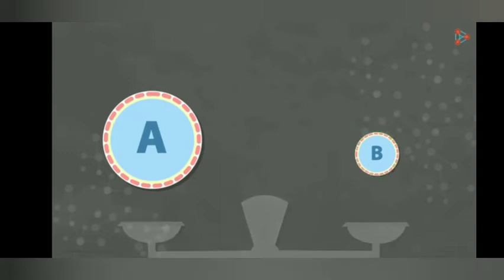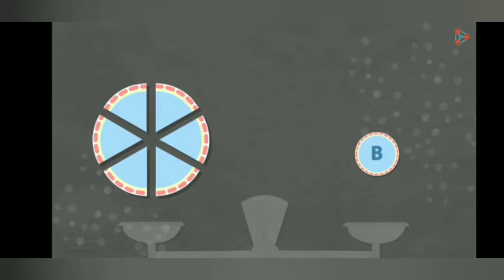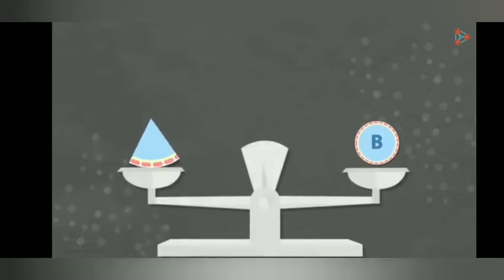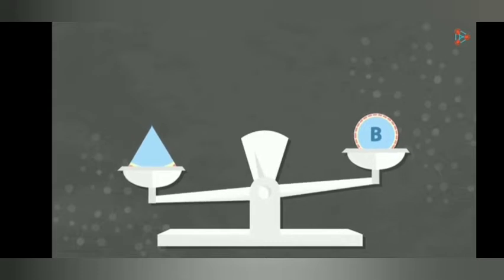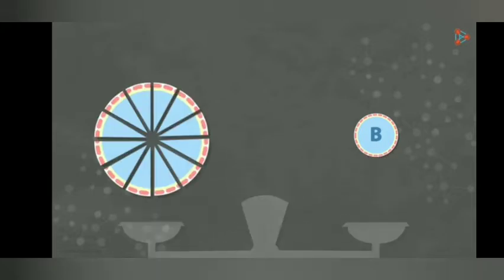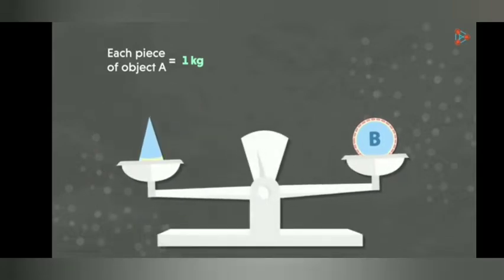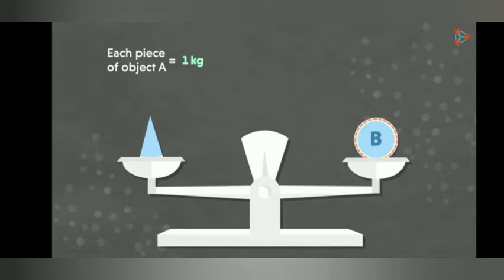Now let us cut A into 6 pieces. Take one piece among those and put it on the weighing machine. Still it is weightier than B, and clearly it is shown by the weighing machine. Again, cut the whole A into 12 pieces, each piece measuring 1 kg, and that piece is taken and put on the weighing machine, which gives an equilibrium.